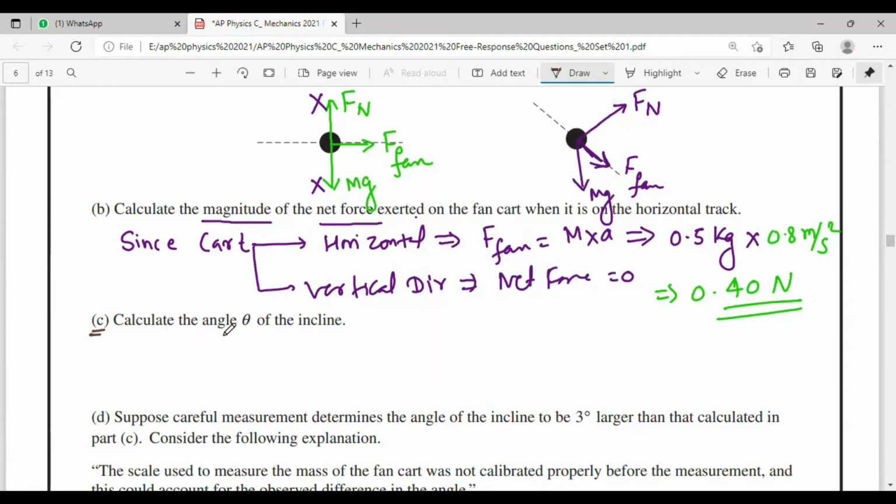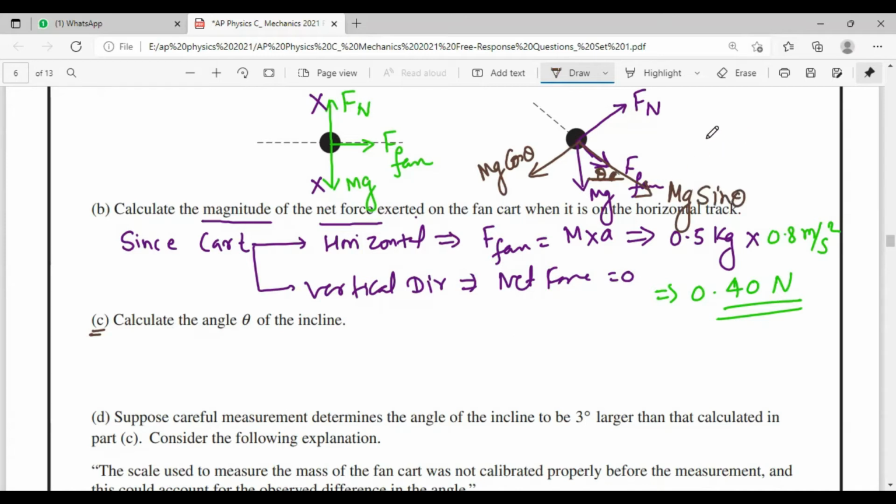The question is: calculate the angle theta of the inclination. So let us suppose this is the angle theta, right, friends? Again, we can break the components of this mg. As we can see, this will be mg cos theta, and along this there will be another component of mg, that is mg sin theta.